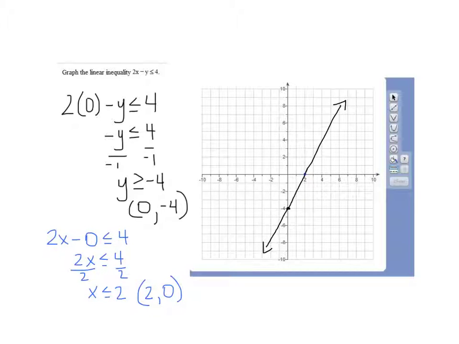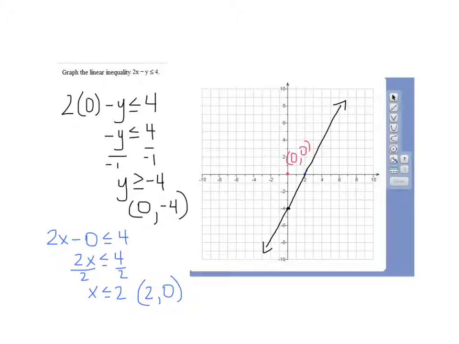So you'll make sure that you pick your solid line from your tools. And we again need to find out if we should shade this side or this side. So to do that, again, we just pick a point. I like to pick the origin if it's available, and it is. It's not on our line. It was on the line that we did before, so I didn't pick it. But it's not on our line this time, and the reason I like that point is it's 0, 0, so it makes it easy to replace our x and y values and solve.